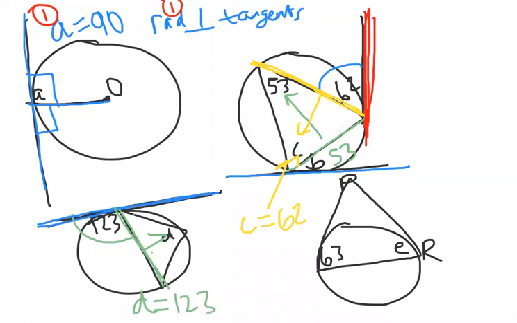So I just want to explain here separately in this corner. If you have a triangle inside a circle, and you have a chord, then you look at that angle over there, and then you go to the opposite angle of the triangle.